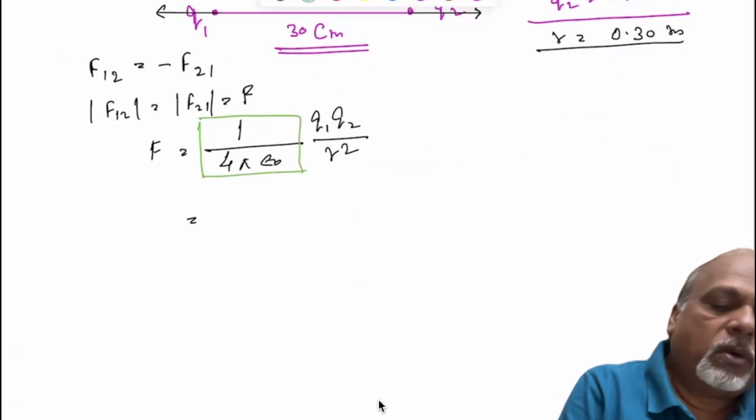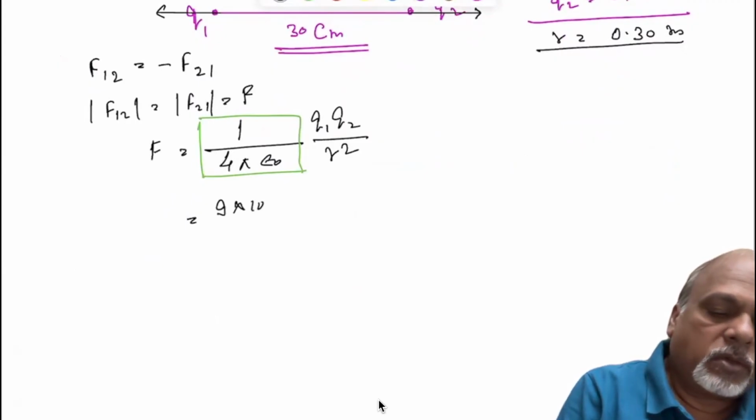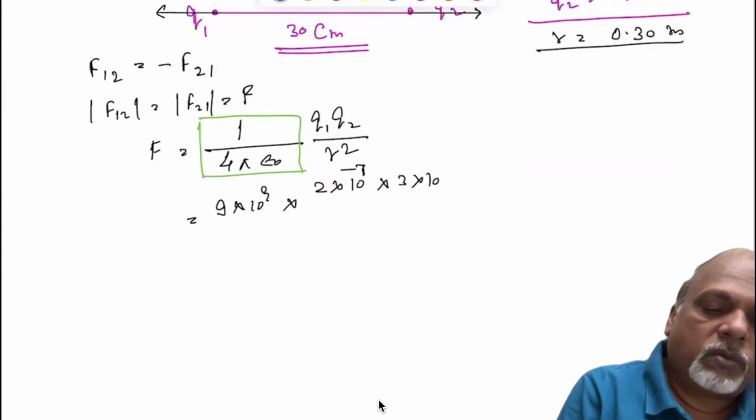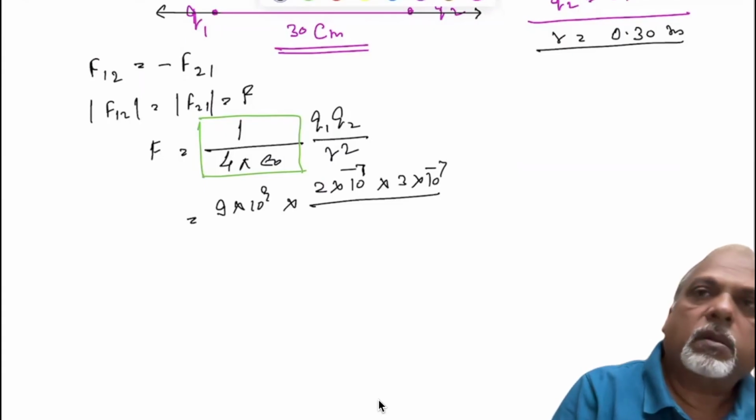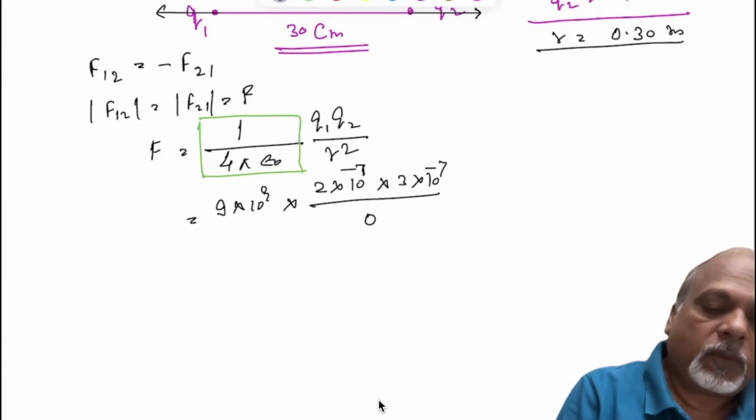What is the value of this? That you already know. 9 into 10 raised to 9 into 2 into 10 raised to minus 7 into 3 into 10 raised to minus 7 divided by 0.3 square.